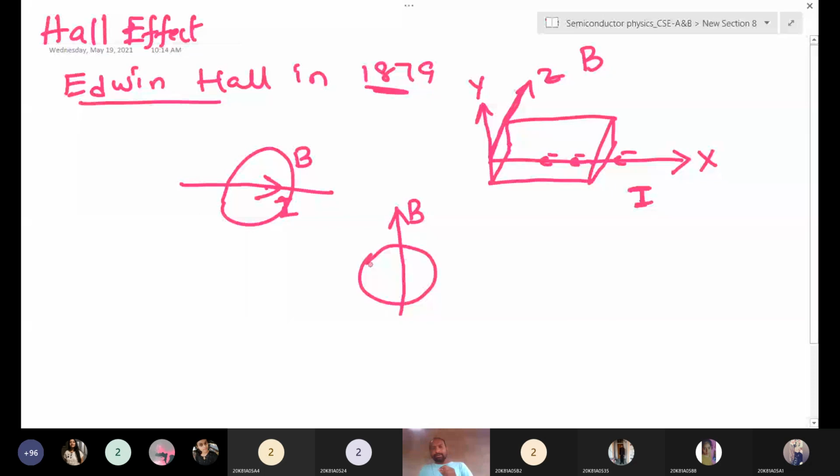This is the Fleming right hand thumb rule.